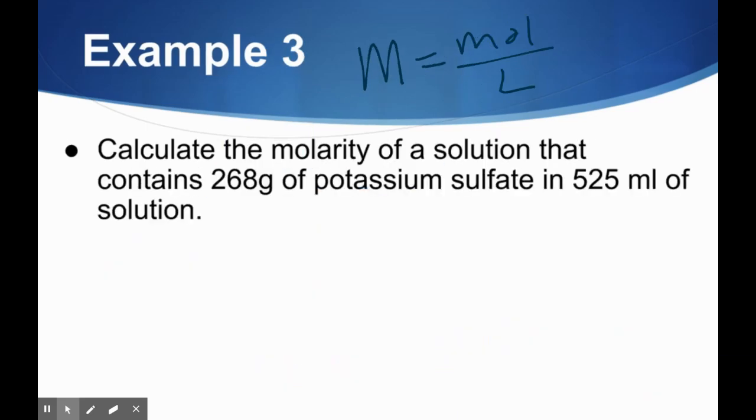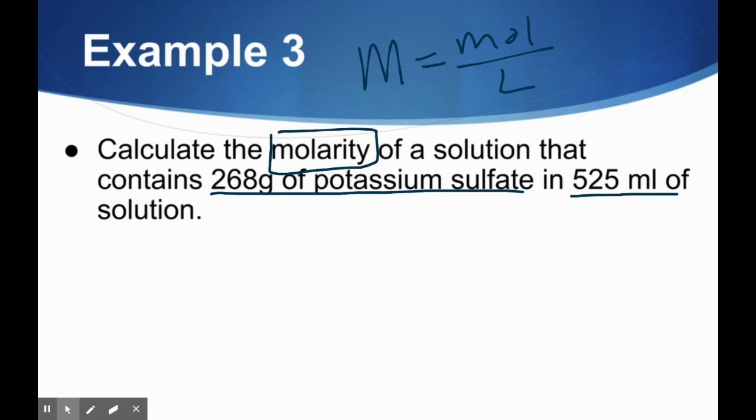Example number 3 says calculate the molarity of a solution that contains 268 grams of potassium sulfate in 525 milliliters of solution. So we're given 268 grams of potassium sulfate and 525 milliliters of solution. We're calculating the molarity. So again, we're given grams and milliliters.